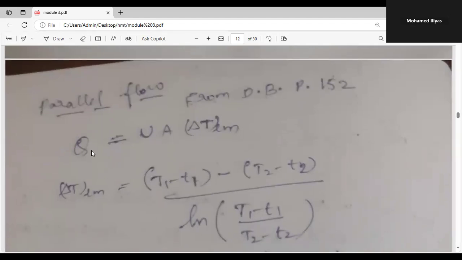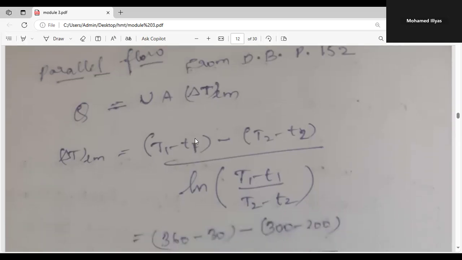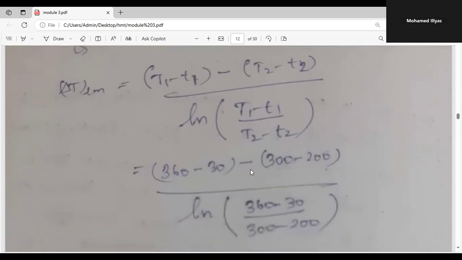So writing the expression for parallel flow, Q equal to UA delta TLM. This expression we can get from our heat and mass transfer data book. So for this we need to know the LMTD value. Writing the expression for this LMTD value: (capital T1 minus small t1) minus (capital T2 minus small t2), over ln of this temperature difference ratio.